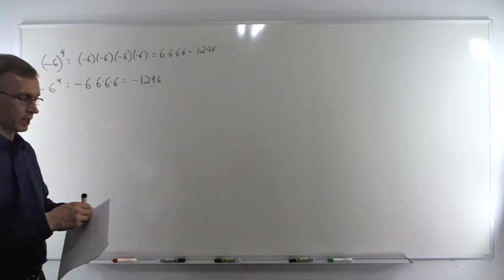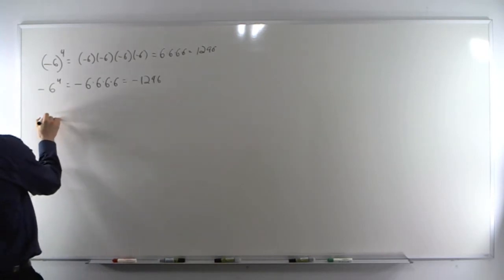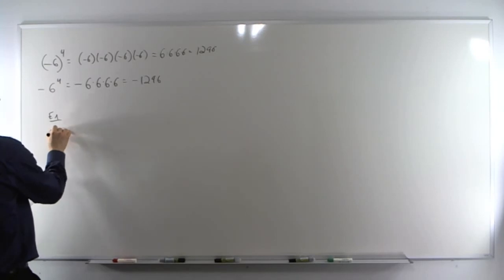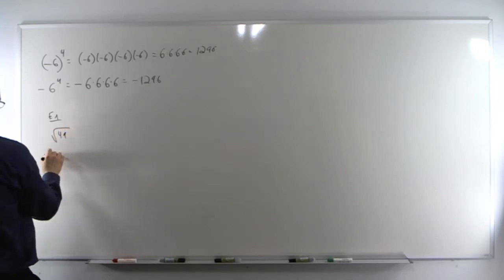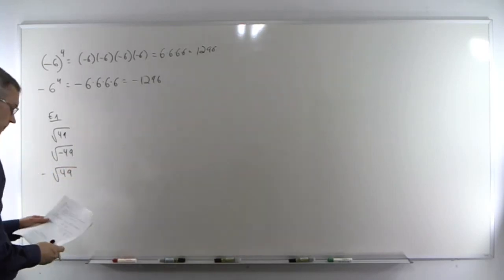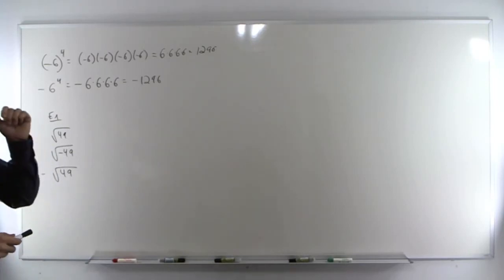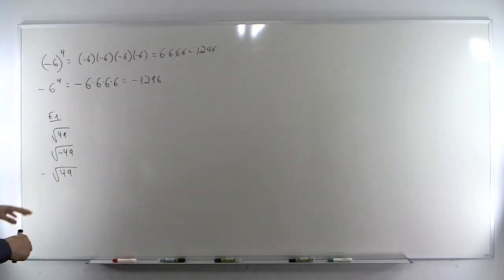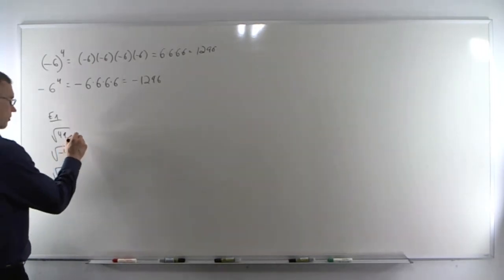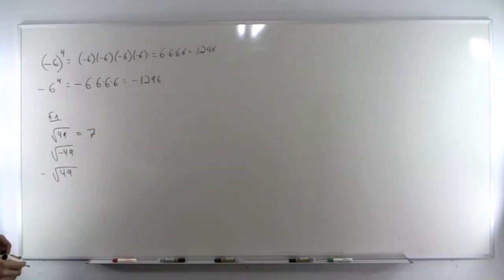All right, so let's take a look at three different versions of the similar square roots. We've got the square root of 49, we got the square root of negative 49, and we have this negative square root of 49. So square root of 49, it's the principal square root, only the positive version, so we'll just write down 7.